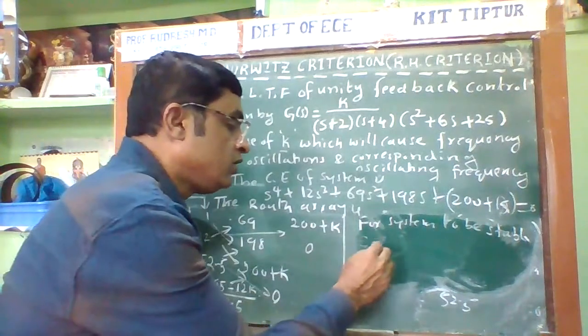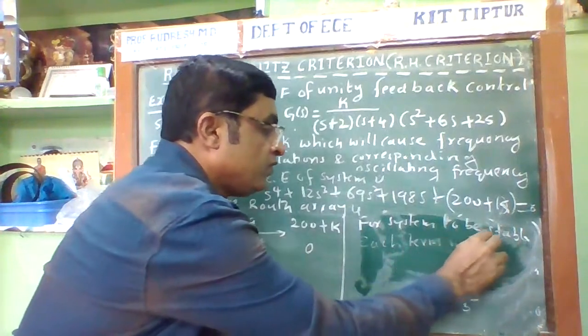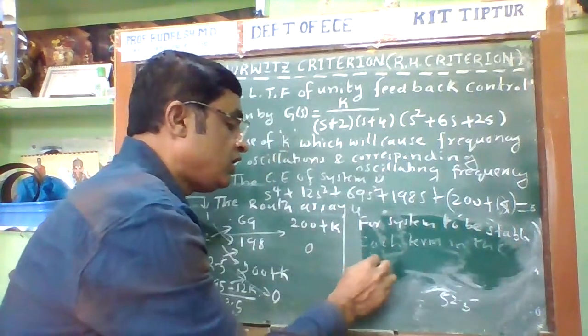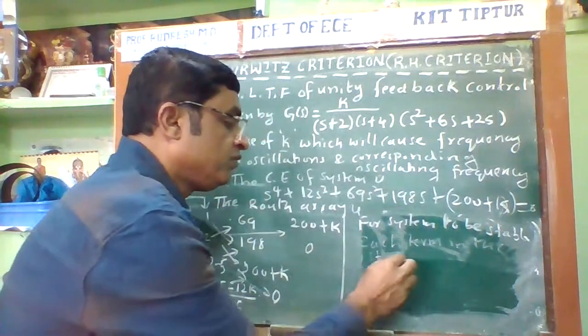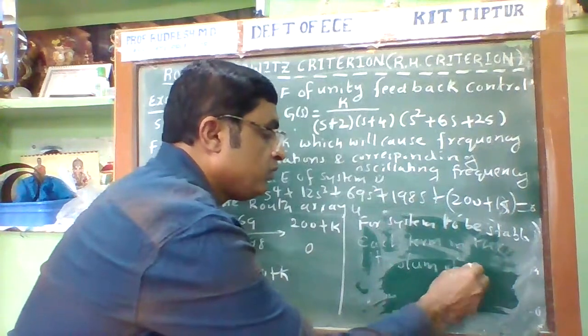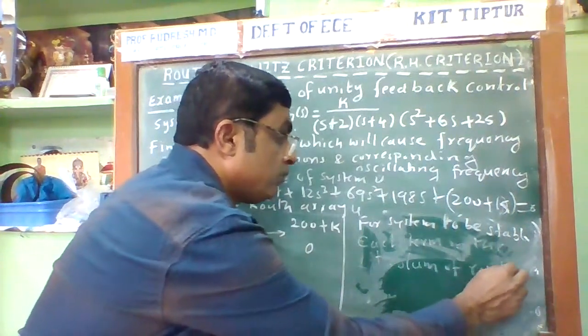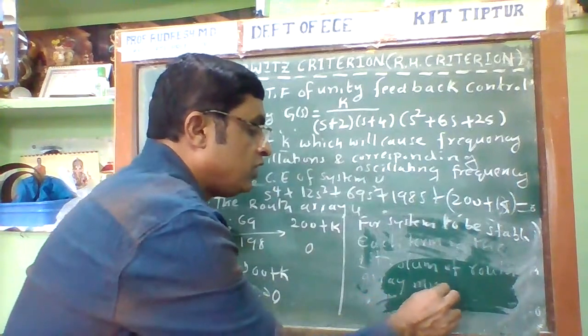Each term in the first column of the root array must be positive.